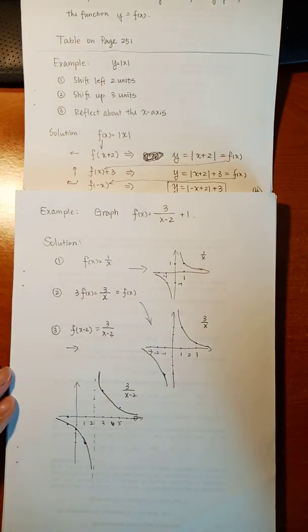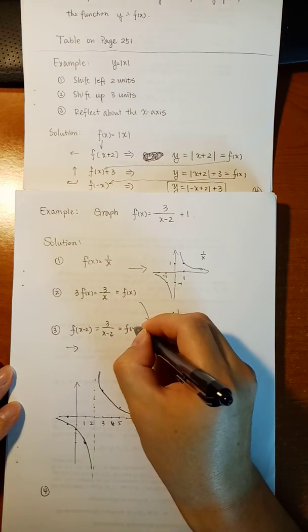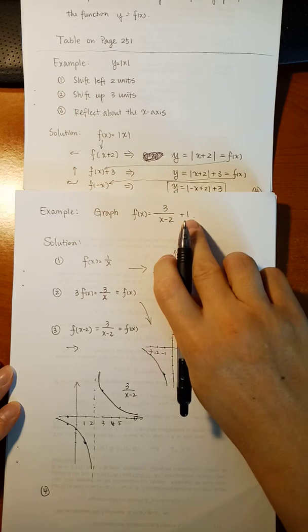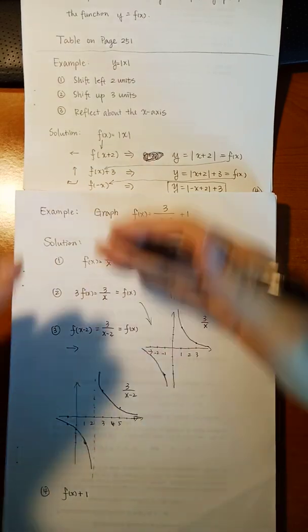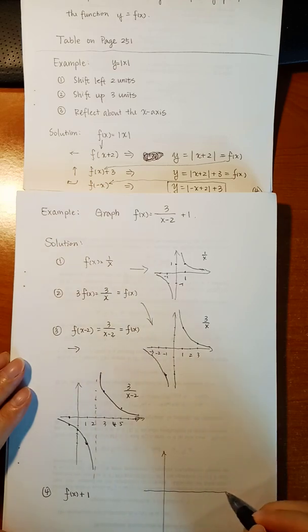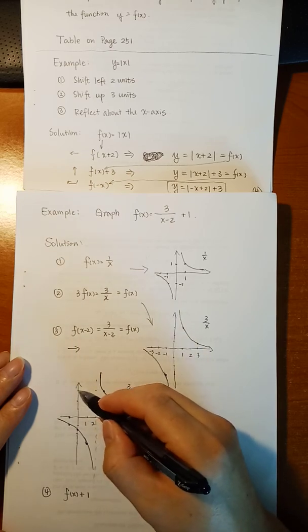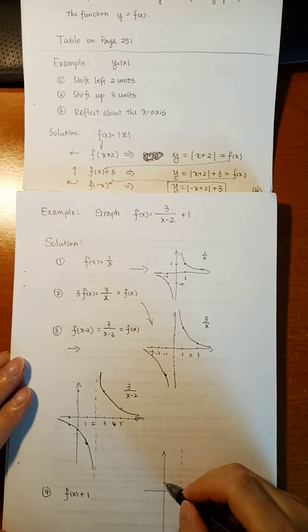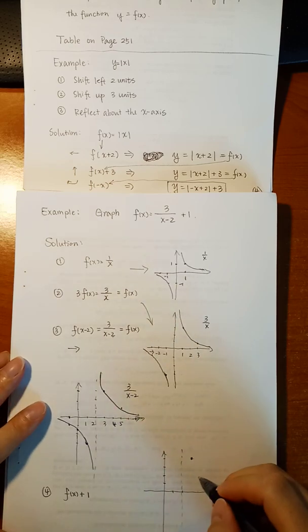Okay, and the final step, we call this f. Then we shift it up. All the graph is shifted up 1 unit, vertically. This vertical line is not moved. When it is 3, it is shifted up and becomes 4. When it is 1, it becomes 2.